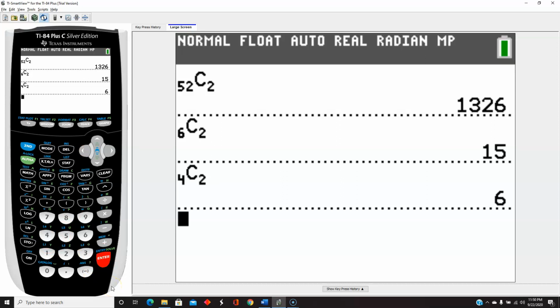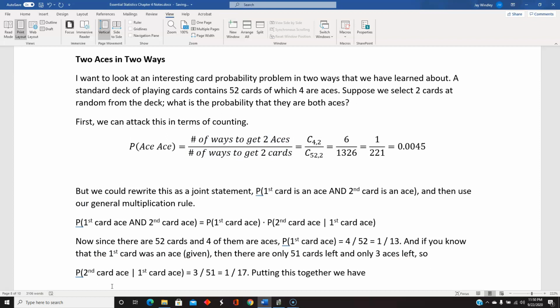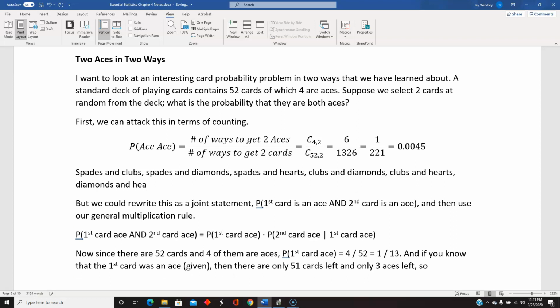If you don't believe that there's 6 ways that can happen, the 6 ways are: ace of spades with the ace of clubs, ace of spades with the ace of diamonds, ace of spades with the ace of hearts, ace of clubs with the ace of diamonds, ace of clubs with the ace of hearts, and ace of diamonds with the ace of hearts.